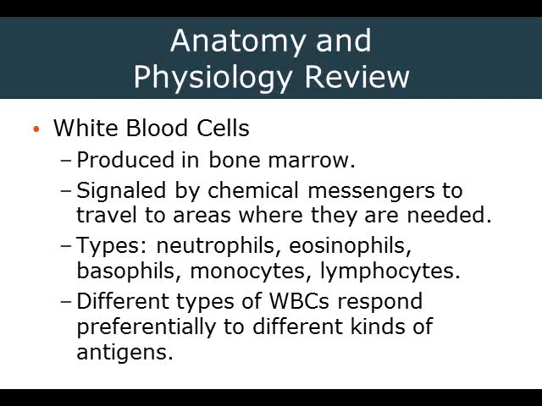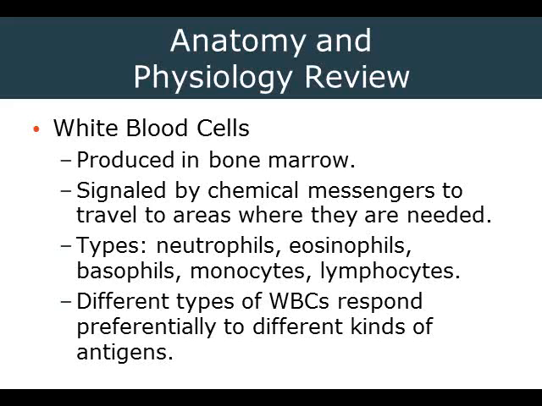And then white cells. So we have white blood cells. These are a very tiny fraction. We talked about this last week, when we looked at the differential of the different types of white cells, which mentions neutrophils, eosinophils, basophils, monocytes, and lymphocytes. These get signaled by various chemical messengers, sometimes hormones or other things that tell them to travel where they're needed.